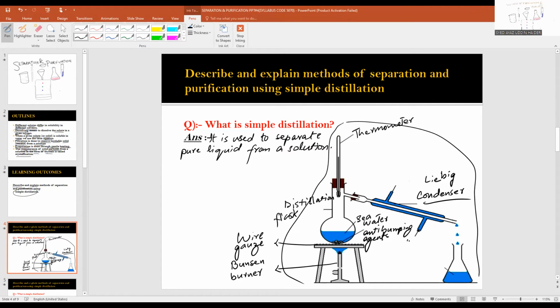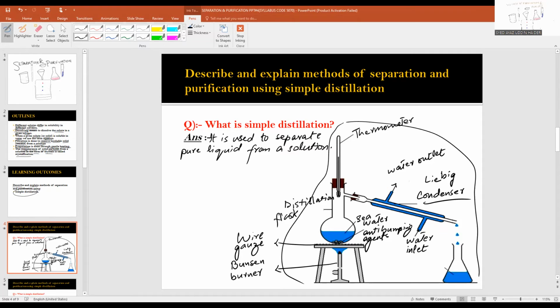Water is entering from here. We call it the water inlet. Water is leaving from this point, the water outlet. It circulates through the jacket, from here till the top.